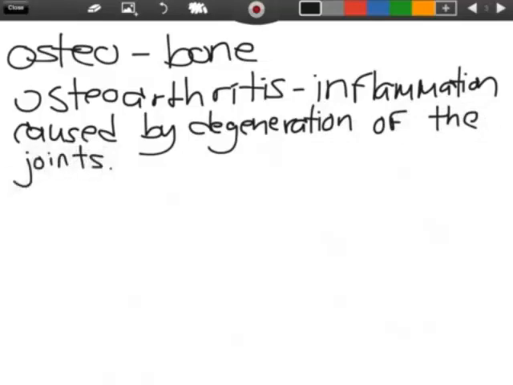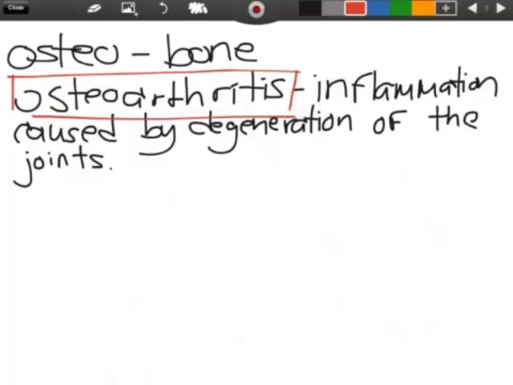I'm going to use osteoarthritis in a sentence.